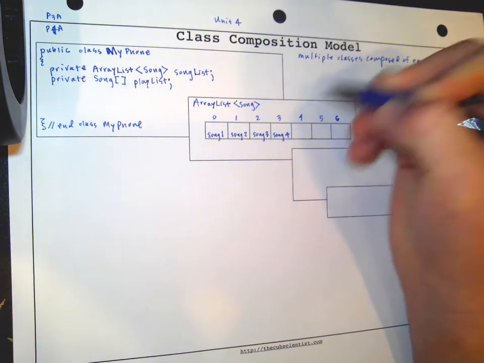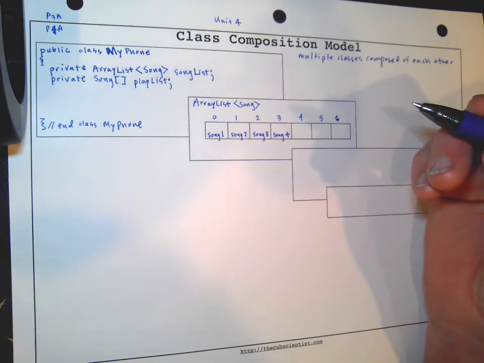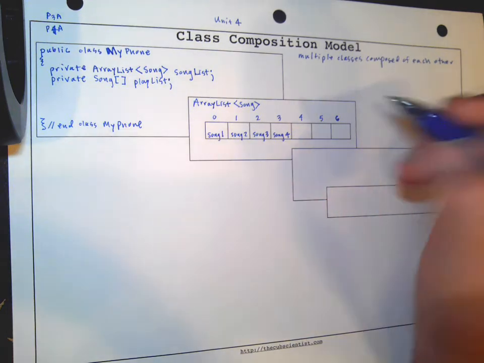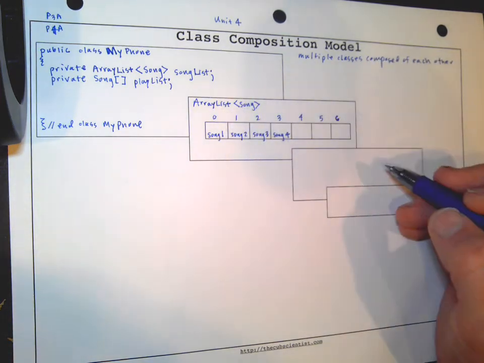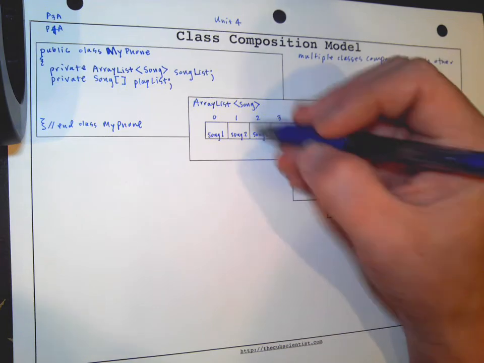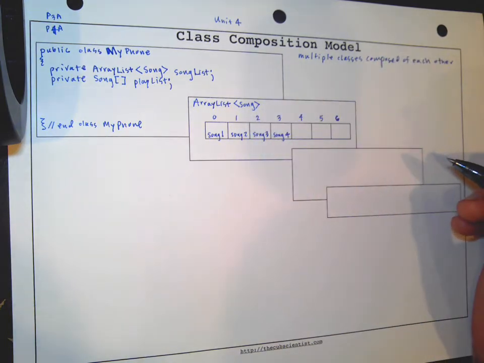I don't know if we would start at song 0, so it's off a little bit from the index, but that's fine. It's going to hold 7 songs, song 1, 2, 3, 4, 5, 6, 7.